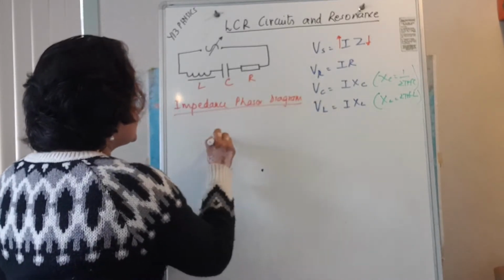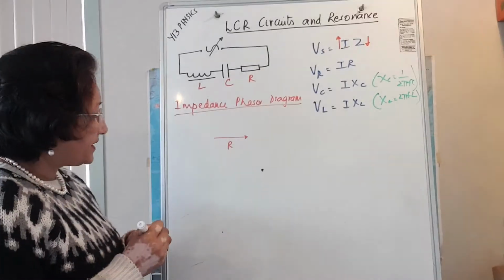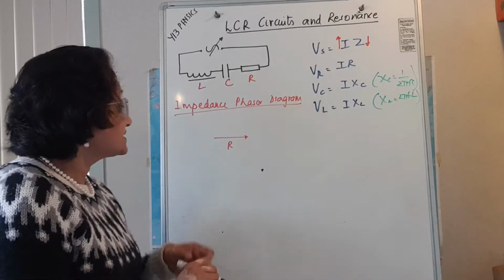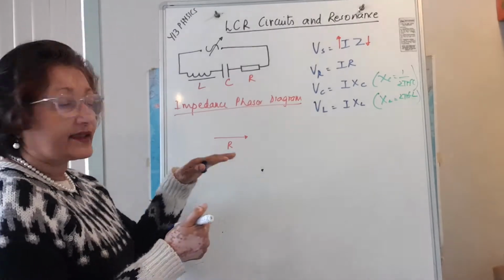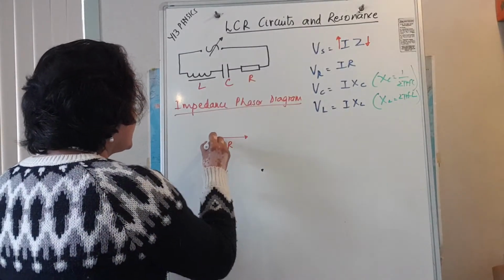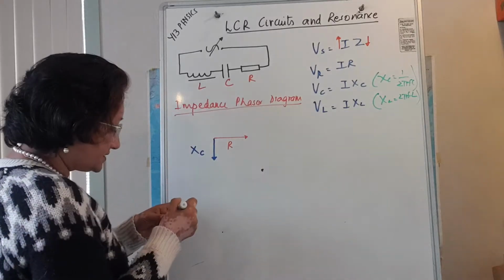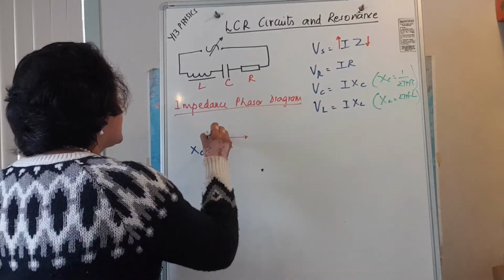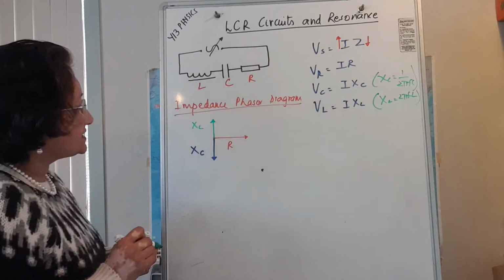Now, as always, the resistance is unaffected by frequency, and it's customary to draw the resistance of the resistor as the horizontal vector. Now, the reactance of the capacitor is 90 degrees behind the resistance, and the reactance of the inductor is 90 degrees ahead of the resistance.